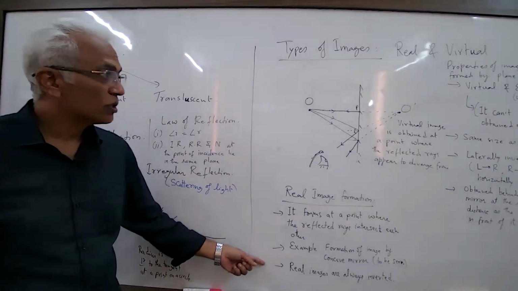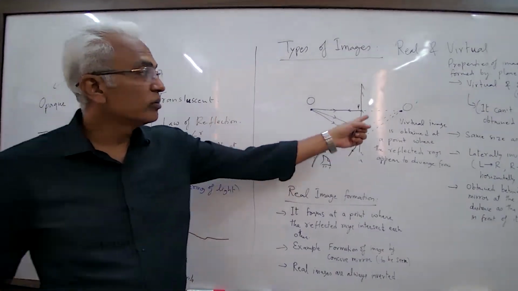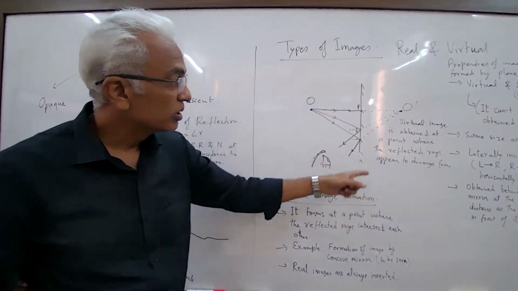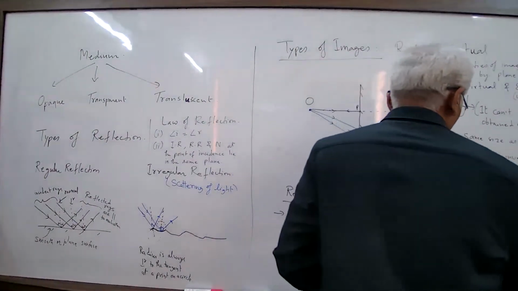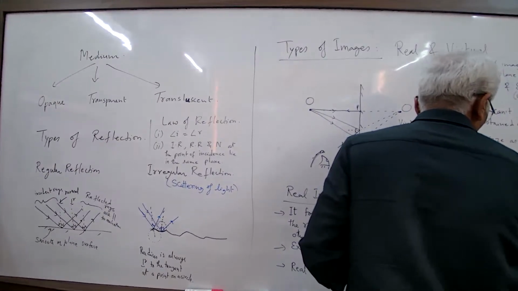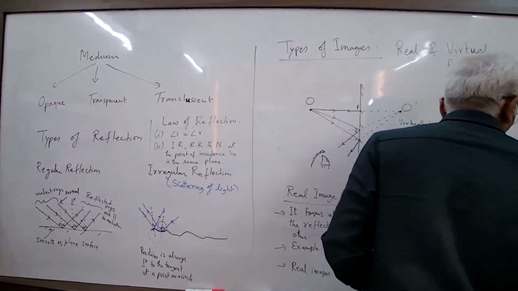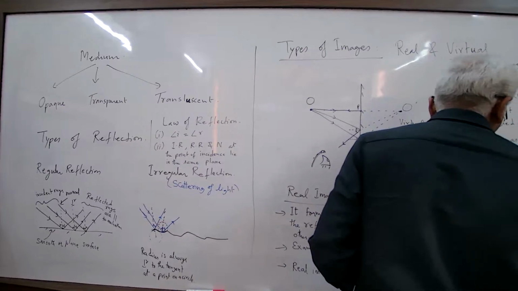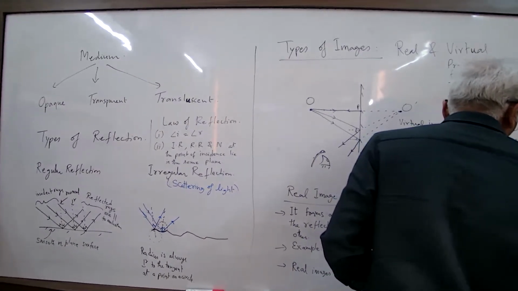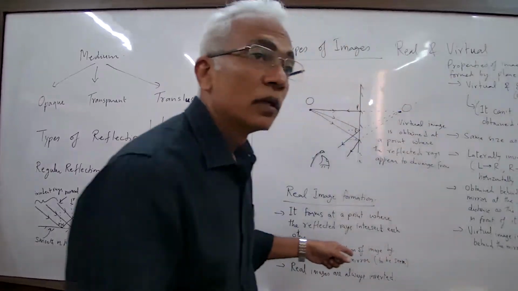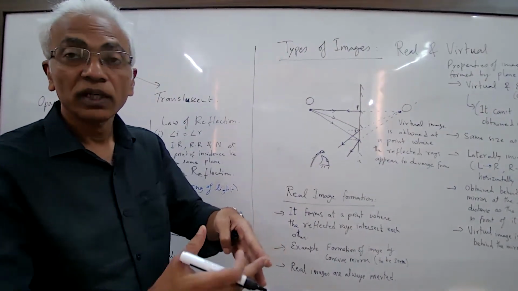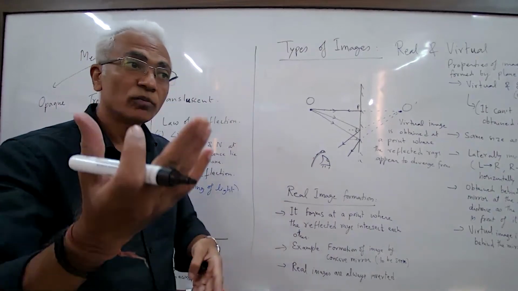And what is the position? You look here, the virtual image is found behind the mirror, right? Virtual image is formed behind the mirror. Whereas the real image will form in front of the mirror. In case of lens, it will be opposite.